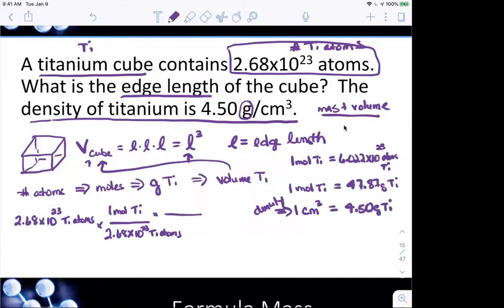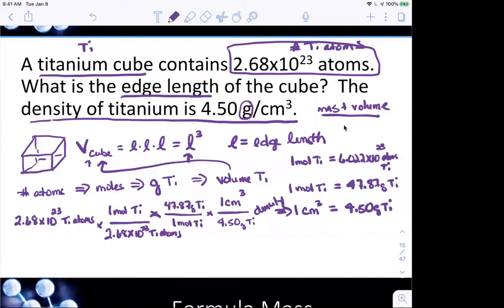Then I'm going to convert that to grams. For every 1 mole of titanium, I have 47.87 grams of titanium. And then I'm going to convert that to volume because I know from the density I have 4.50 grams of titanium for every 1 centimeter cubed.